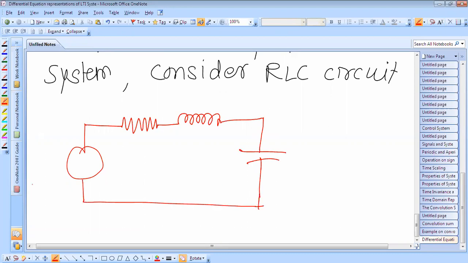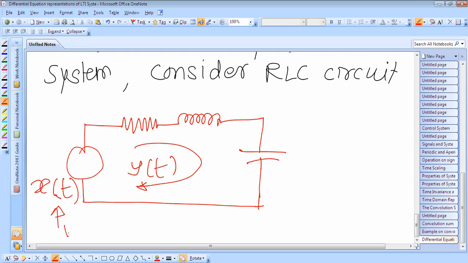The input is x of t, and the output is y of t. Generally the input we apply is a voltage, and the output is the current flowing through the circuit. So this is the resistance R, this is the inductance, and this is the capacitance.